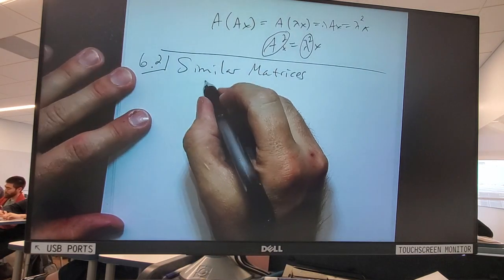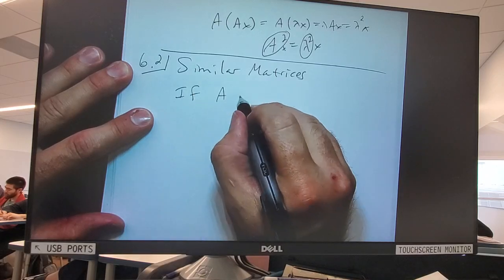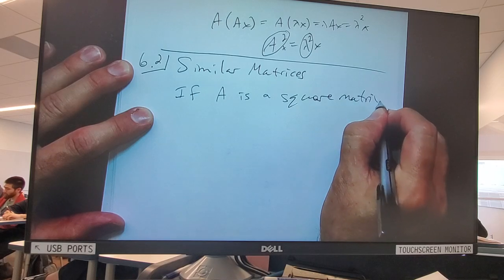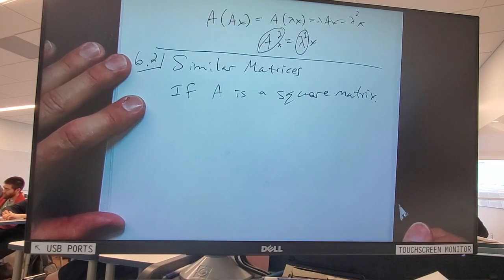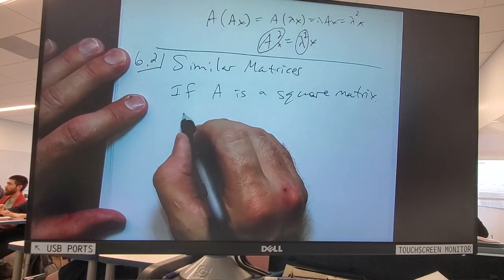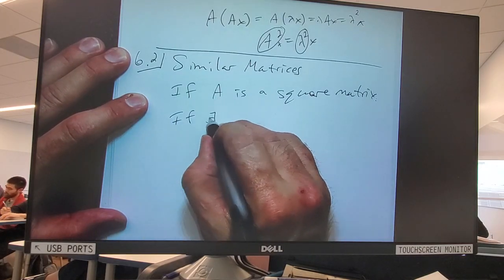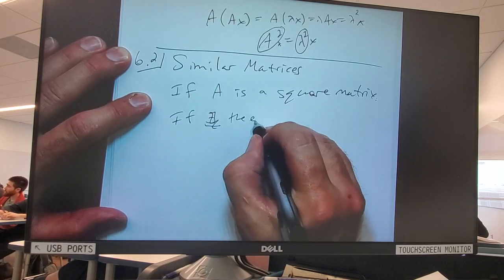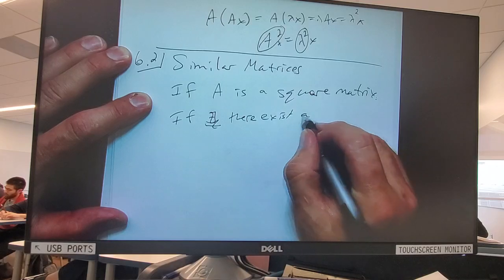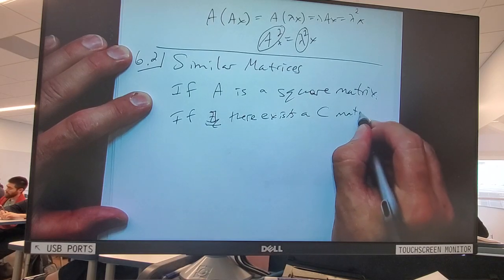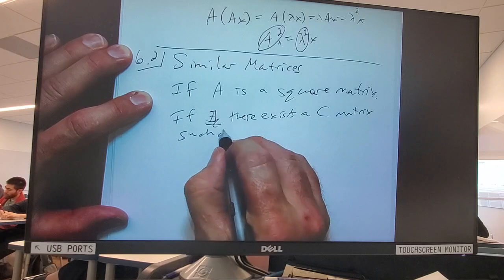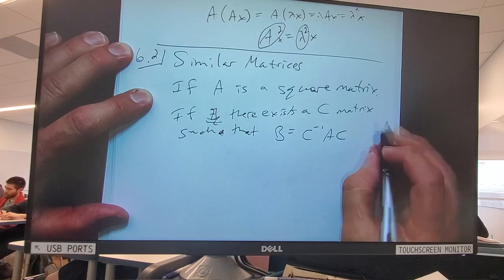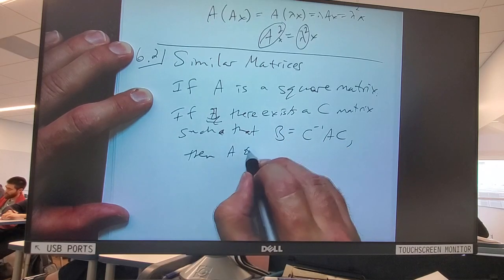If I have A as a square matrix, and there exists a matrix C such that B equals C inverse A C, then A and B are similar.